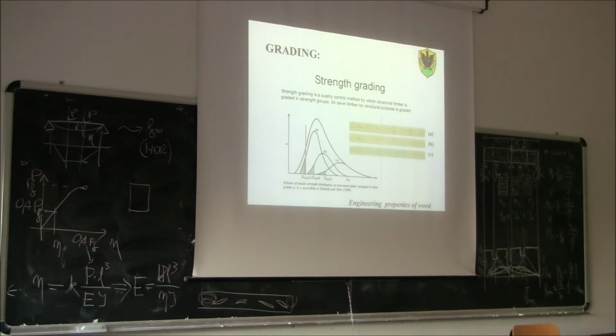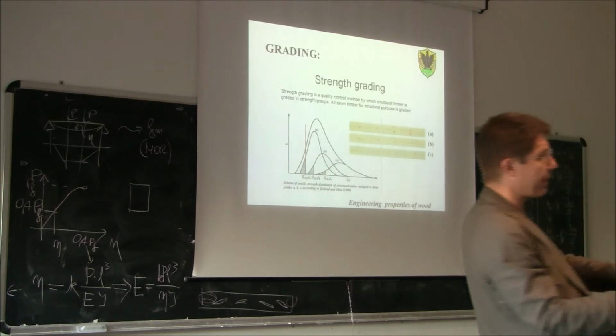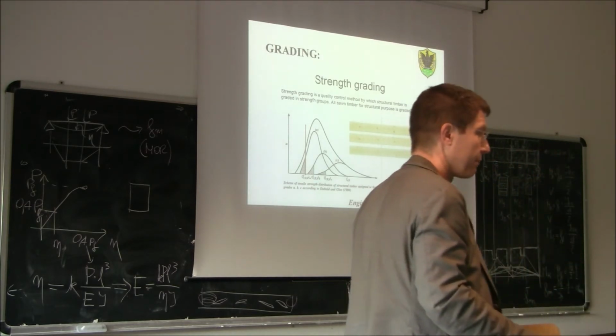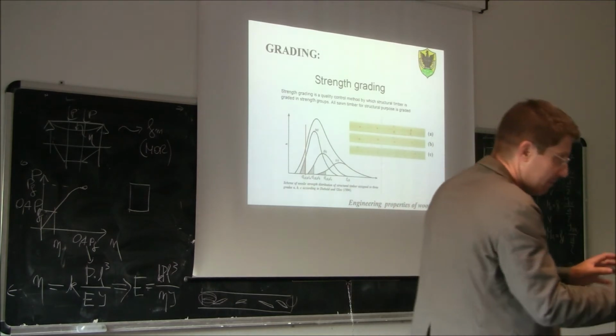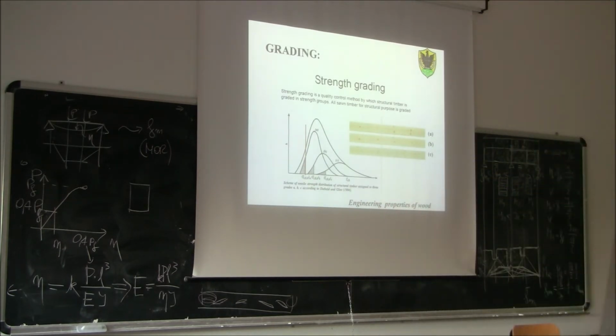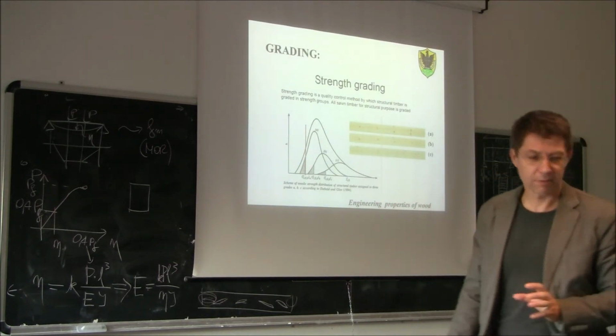Remember that the knots are like holes. So is it better to have a big hole covering all the cross section, or maybe small holes spread out more or less everywhere? Of course, not infinitely small holes. What is best? Or less worse?